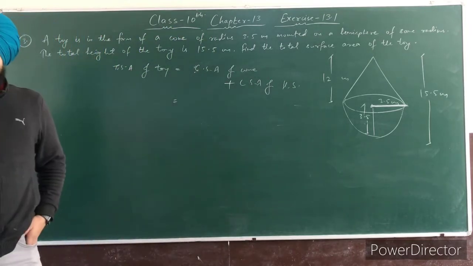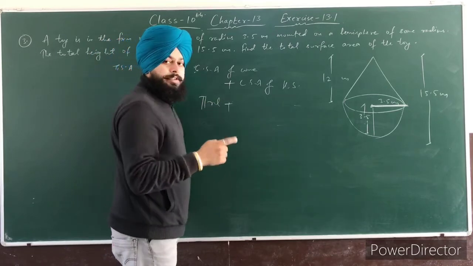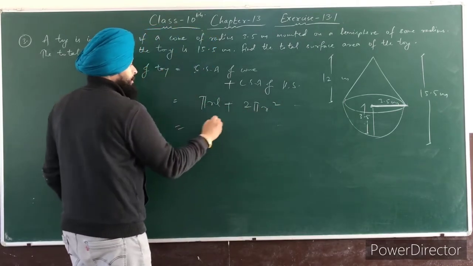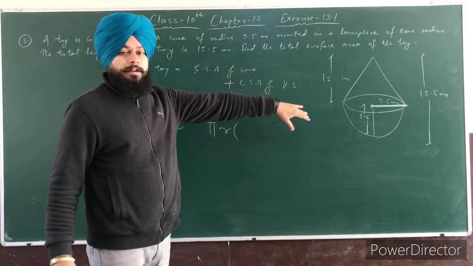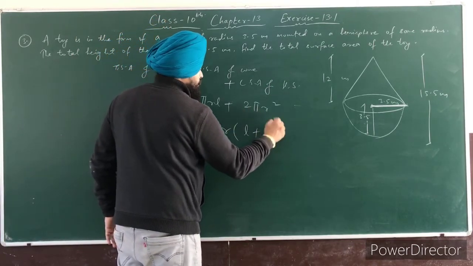Now the curved surface area of cone is pi r l, and the curved surface area of hemisphere is 2 pi r square. You can take pi common, r also common, because the radius of the conical part and the hemispherical part is the same. So what is left is l plus 2r.